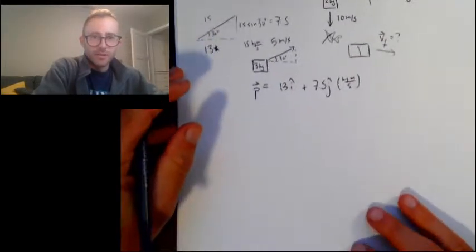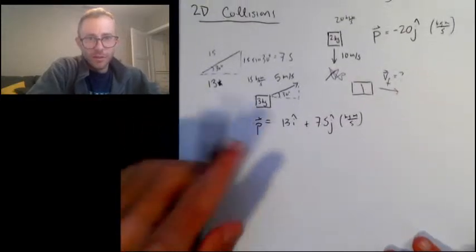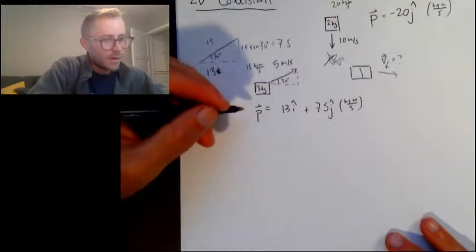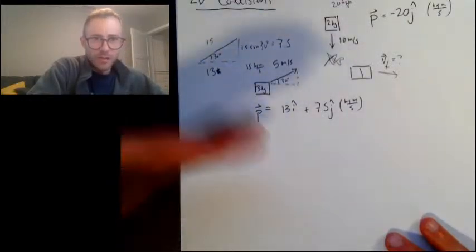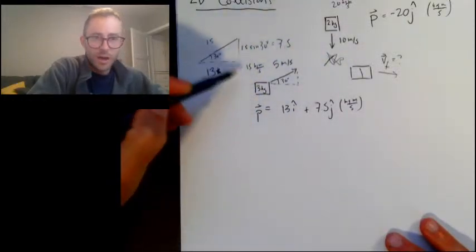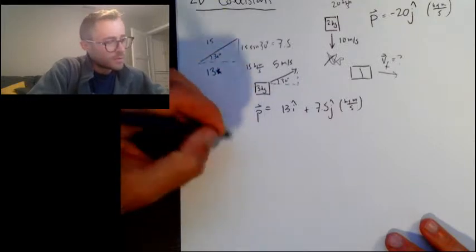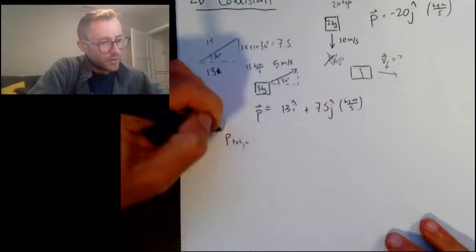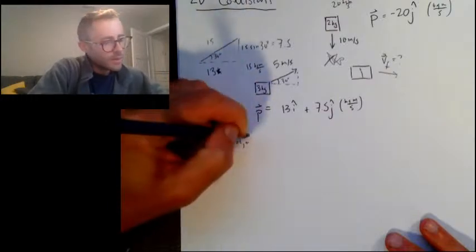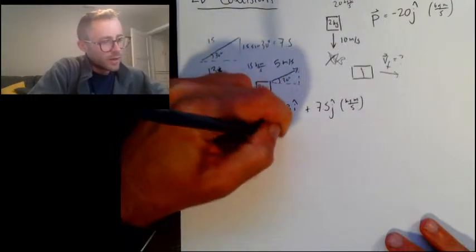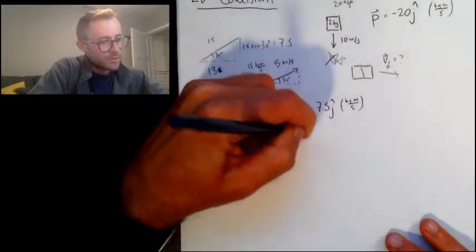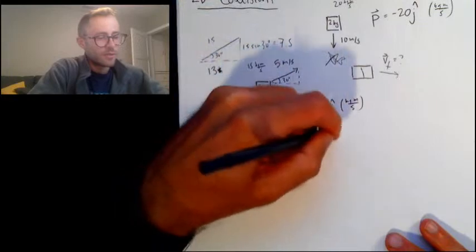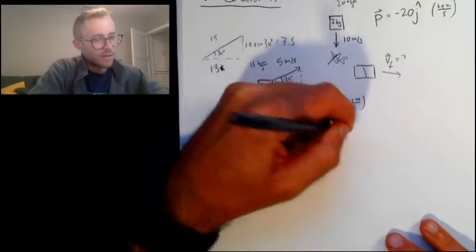So now we know the momenta of the individual particles. Really the only extra stuff you need to do is figure out the i and the j components. So that means that our total initial momentum is 13i plus 7.5j, that's the first one, plus negative 20j.